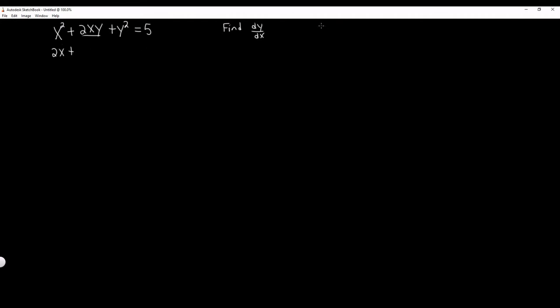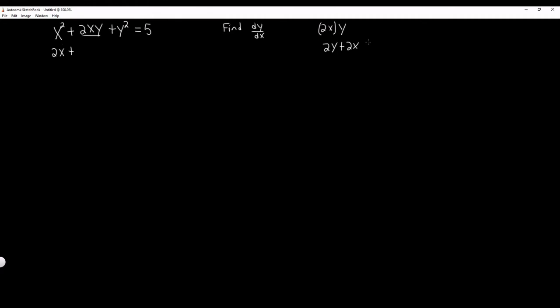So we'll do it over here. This is going to be 2x times y, and it's the derivative of the first, so 2 times the second plus the first times the derivative of the second. And the derivative of y is just 1, but since we're taking the derivative of y, we have to also multiply it by dy/dx.